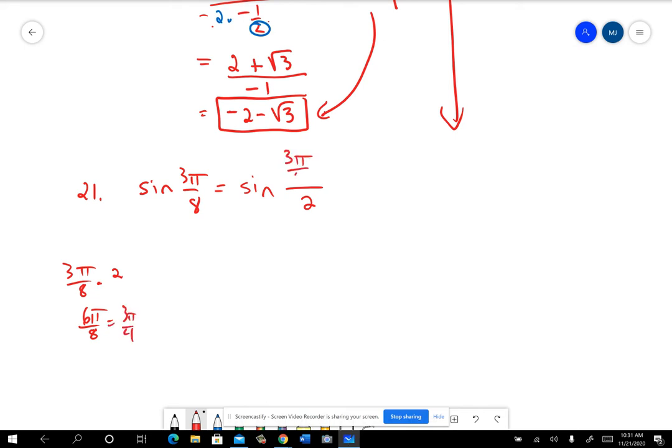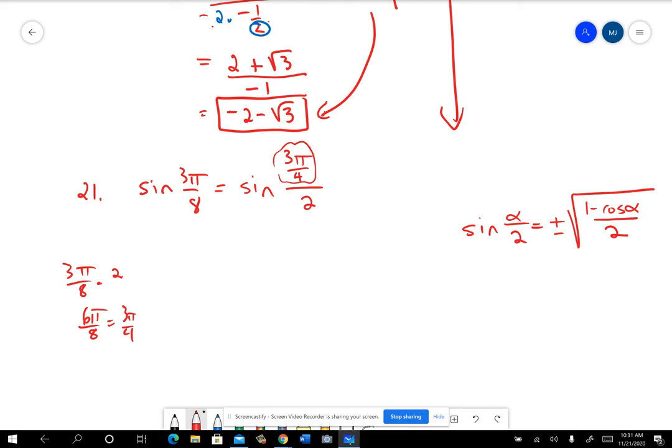Here's why we do it then. 3 pi over 4, that right there, okay, is an angle on the unit circle, related to a 45-degree angle. So all I have to do is go find the formula. So sine of alpha over 2, now that one I have no choice, is plus or minus square root of 1 minus cosine alpha divided by 2.